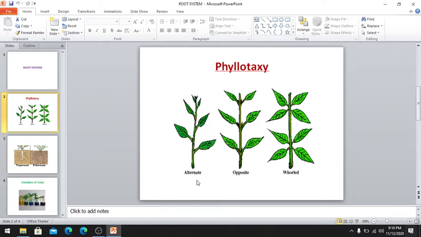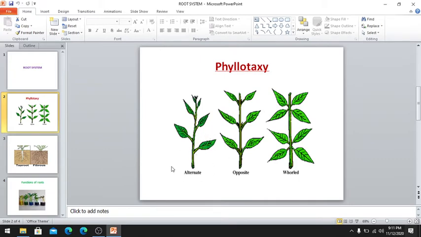One is alternate phyllotaxy. That means each leaf arises from a node of a stem. This you know very well. The part from where the leaf comes out is known as a node. So at every node, a single leaf arises and they come alternately. Such a type of phyllotaxy is known as alternate phyllotaxy.